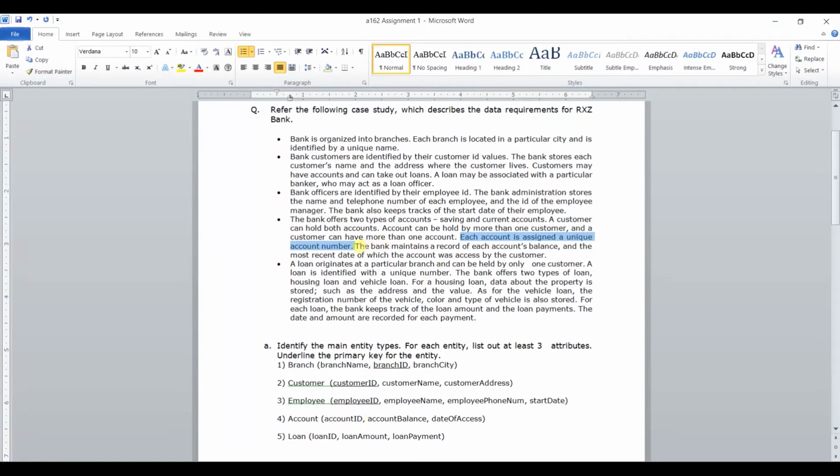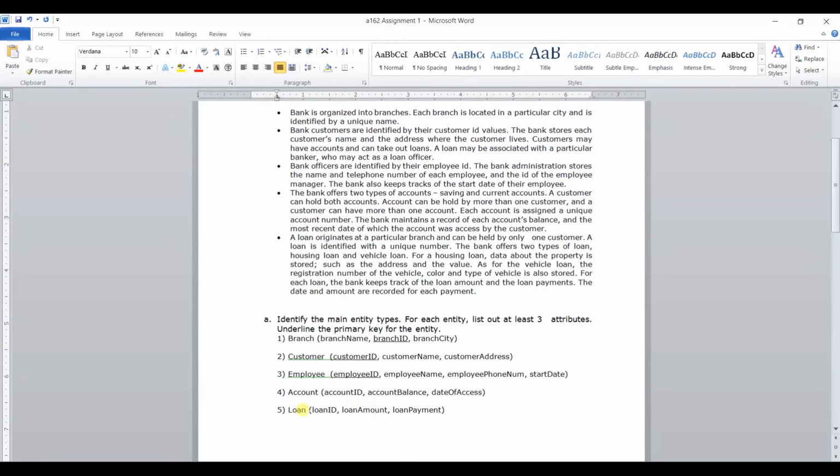The following statement also states that the bank maintains a record of each account and account balance. This is the second attribute for account. And the third attribute for account is the most recent date on which the account was accessed by the customer. So date of access is the third attribute for the entity account.